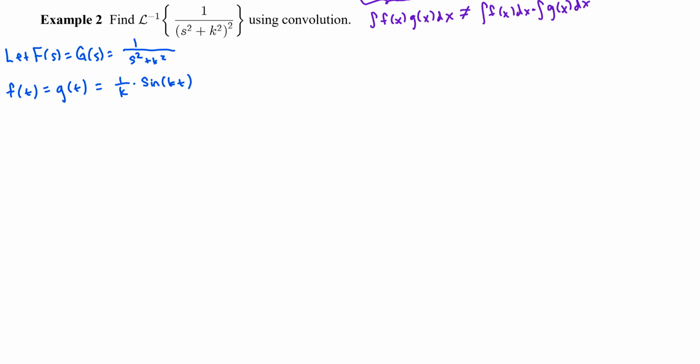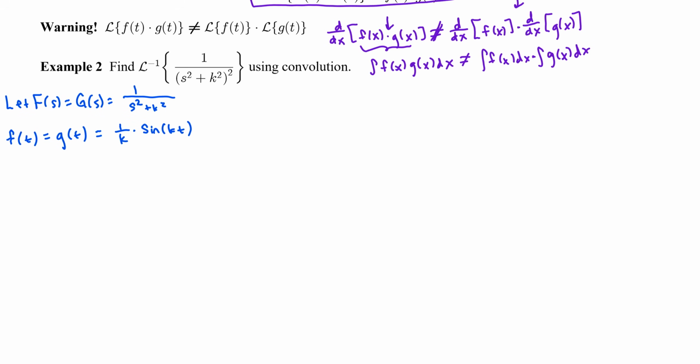So what I'm doing is looking at the original function as the product of two functions of s. Let me be as clear as possible here. The original function, 1 over s squared plus k squared, squared, we are viewing as 1 over s squared plus k squared times 1 over s squared plus k squared.